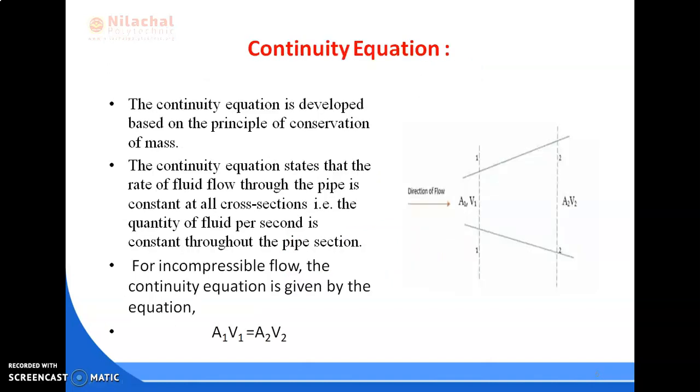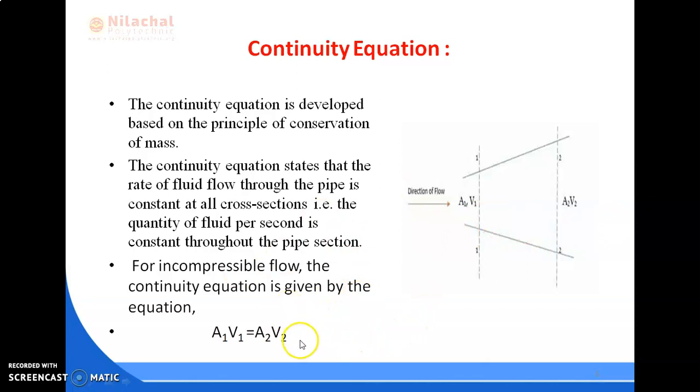Next is the continuity equation. The continuity equation is developed based on the principle of conservation of mass, and this equation states that the rate of fluid flow through the pipe is constant at all cross sections. That means the quantity of fluid per second is constant throughout the pipe.